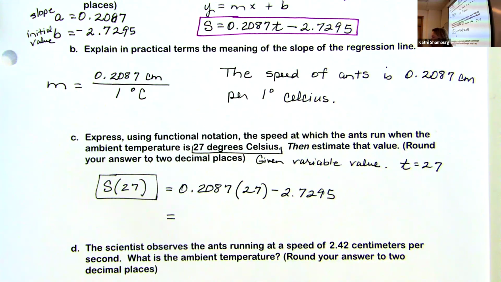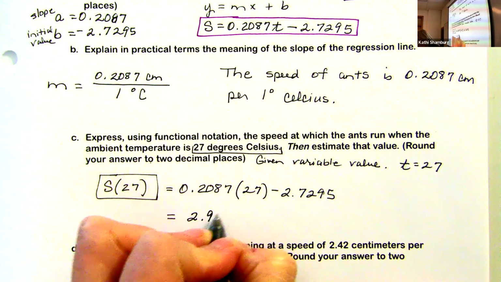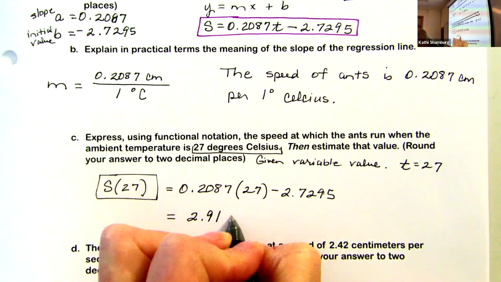That's good. 3.91. No, sorry, just 2.91. Okay, and what are we talking about? I heard mumbles, but I didn't hear it. Centimeters.